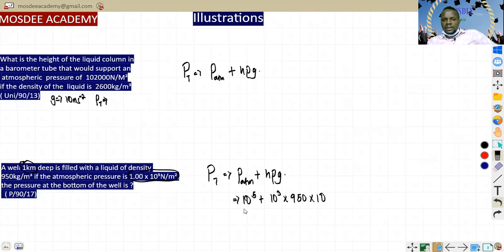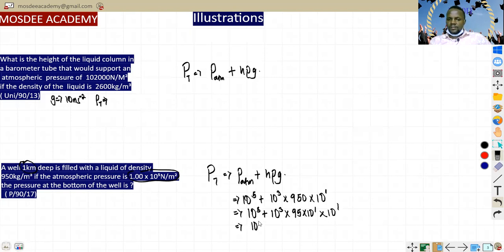So directly, let's do simple mathematics: 10 raised to the power 5 plus, it's 10 raised to the power 3 times 95 times 10 raised to the power 1 times 10 raised to the power 1. Just want to bring this for understanding's sake.